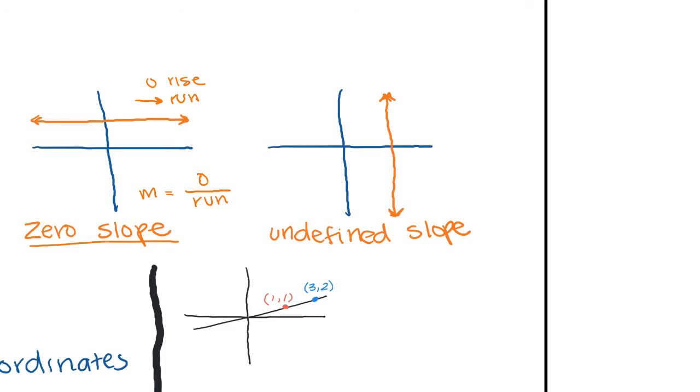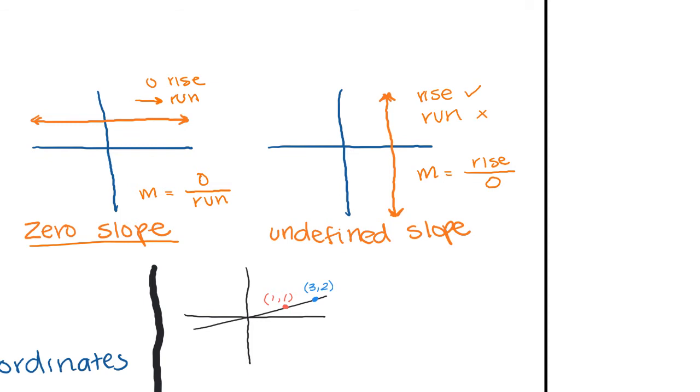All right, the only time that we would have not even a zero slope, but no slope at all, right, an undefined slope, is if we have a rise, check, but no run. So in this case, m is equal to our rise, but our run is zero.